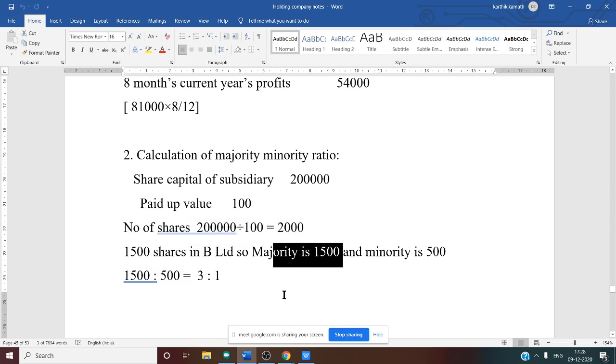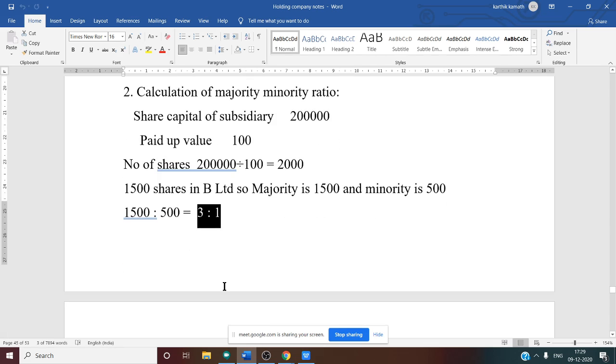So remaining is minority. 2,000 minus 1,500, that is remaining 500, is minority. We want a ratio, majority minority ratio. 1,500 is to 500. Simplify this, you will get the ratio as 3:1. So there are 4 units, 3 plus 1. So majority fraction 3 by 4, minority fraction 1 by 4.